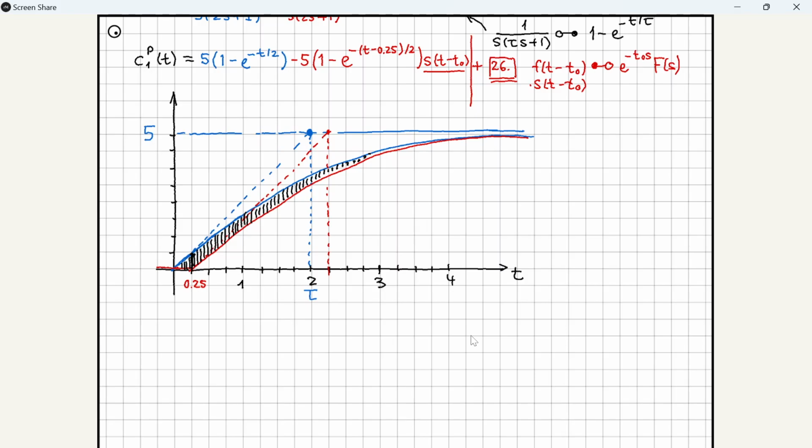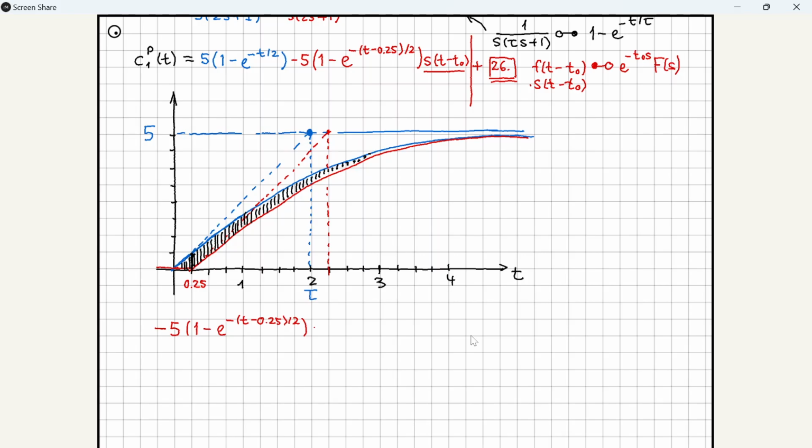So we can write the red term as minus 5 times 1 minus e to the minus (t minus 0.25) over 2.